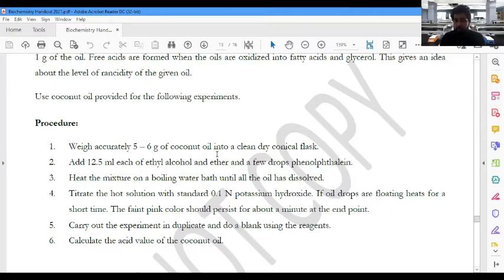Some fatty acids, especially that terminal COOH, dissolve well in polar solvents. So in order to dissolve the content fully, we use ethyl alcohol as well as ether.